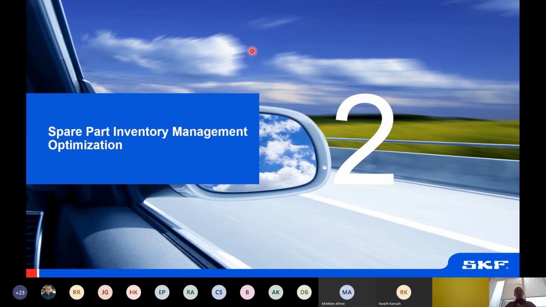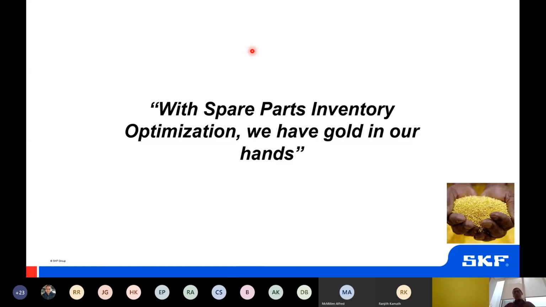So we go to spare parts inventory management optimization from the SKF perspective. We have common words for spare part inventory optimization. When you have spare part inventory optimization, that means you have a goal in your hand, and we in SKF believe this.